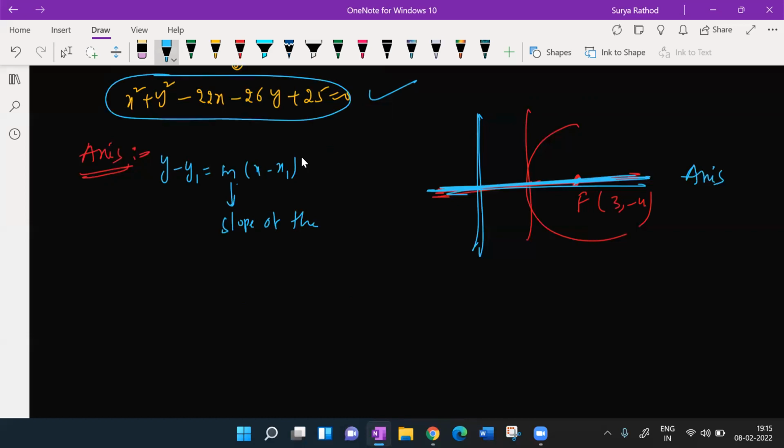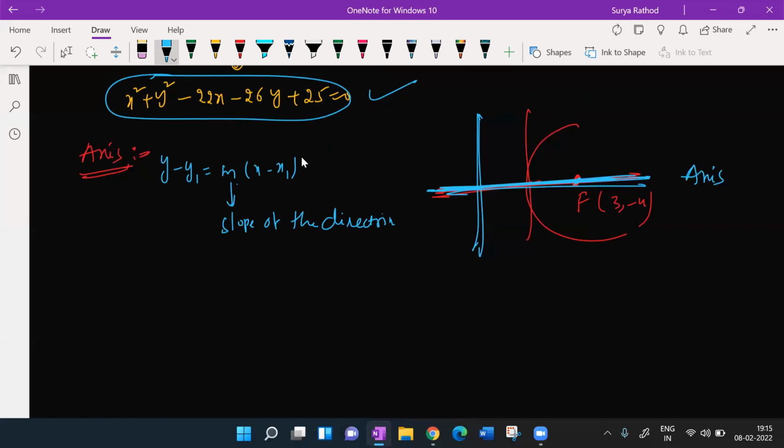This conic equation is done. I'm finding the axis equation first, since we are asked to find the vertex as well as the axis. So m is the slope of the directrix.